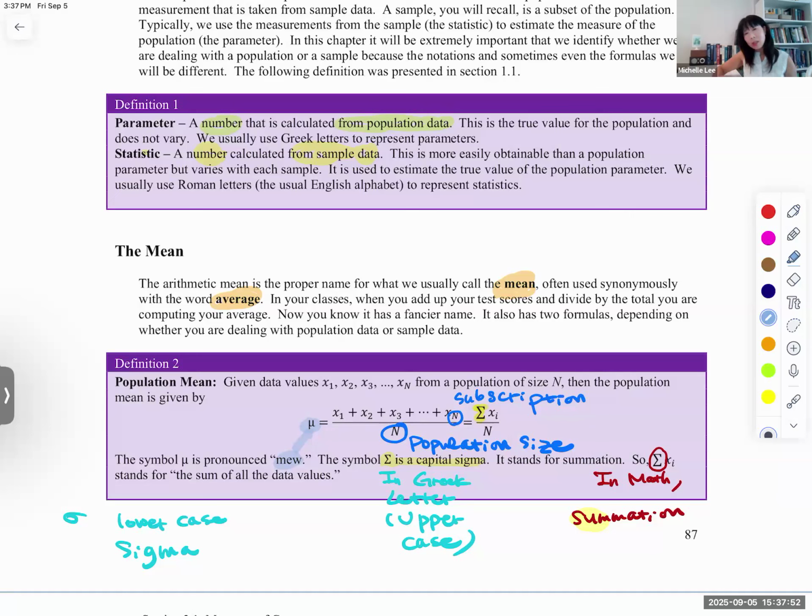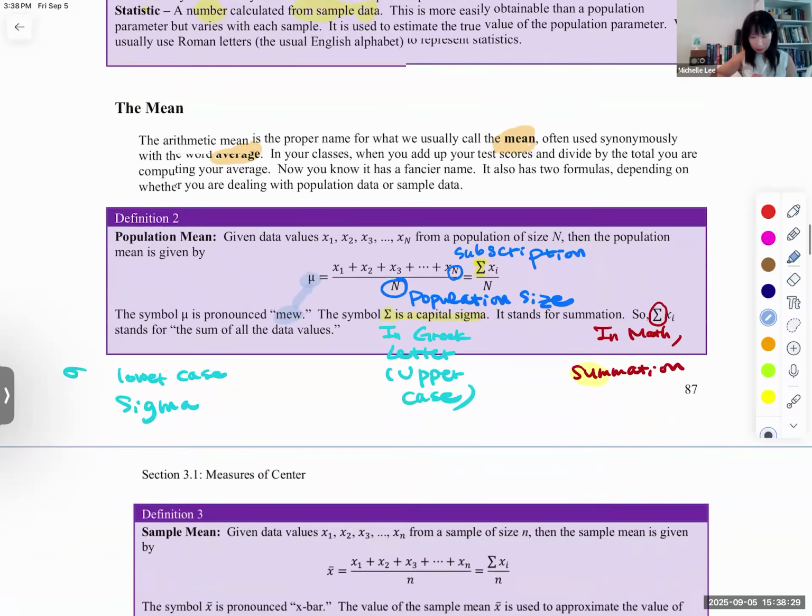Basically, we know how to calculate the average: we add everything up and divide by the number of data values, number of observations, number of items. Same as here, we add everything up and divide by the population size. And then we make a symbol for the population mean: mu.